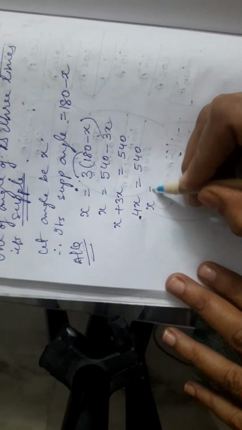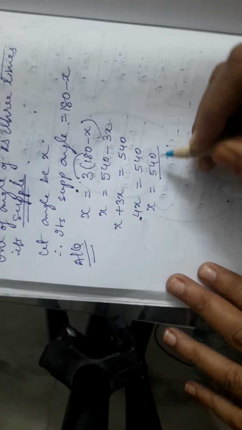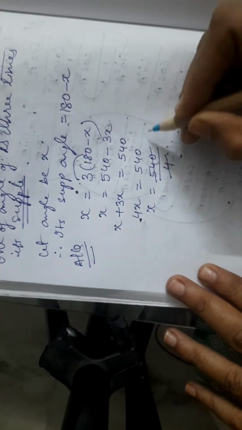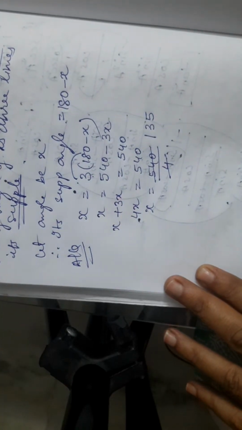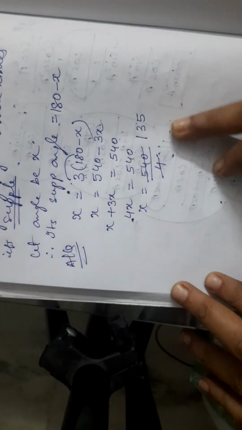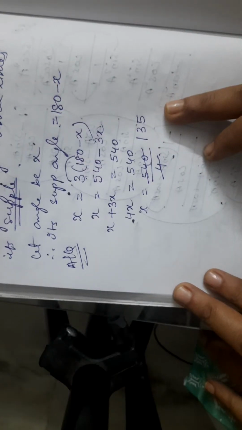So the value of x is 540 divided by 4. We get x to be 135.